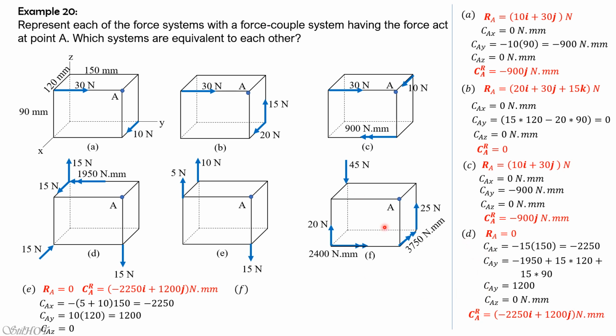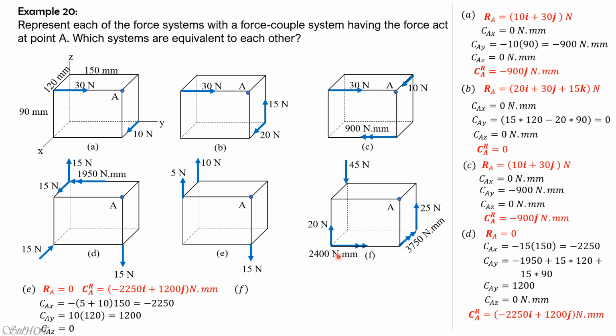And finally, the force system at F. For the force, there's no X component of force. Y component of force, there's none. There's no horizontal force. Then for Z, we have 20 plus 25 upward, so 45, minus 45, 0.